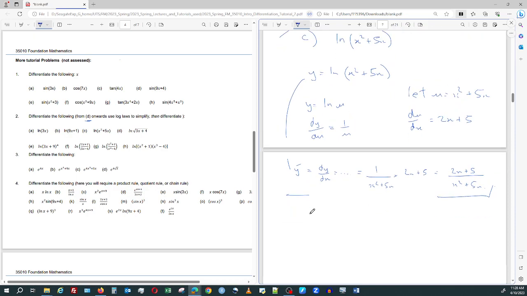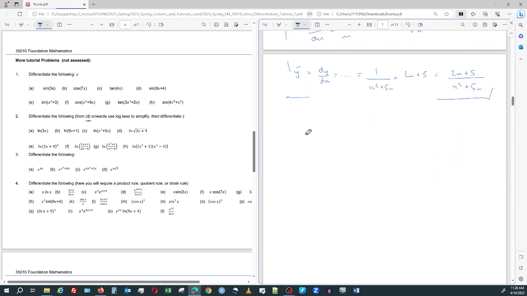So we're at D here now. So D is this one. Now I just did an equation, so I'll use an expression: d dx of the ln of the square root of 3x plus 4. Okay, so what we're looking to do is maybe some pre-work.